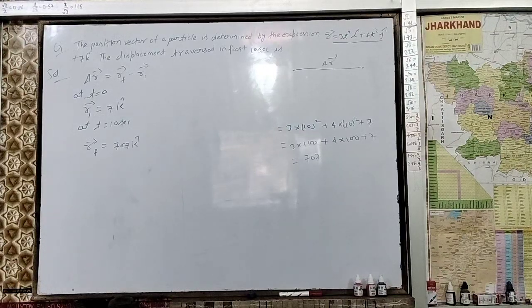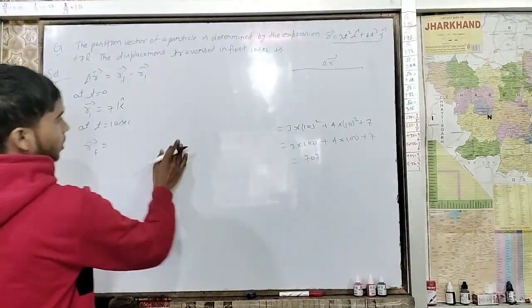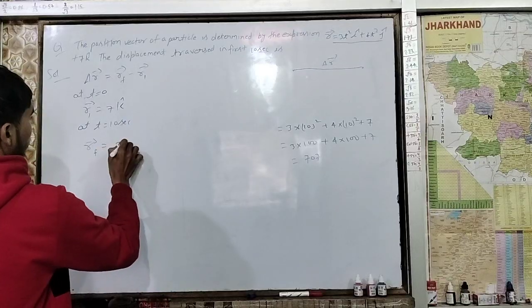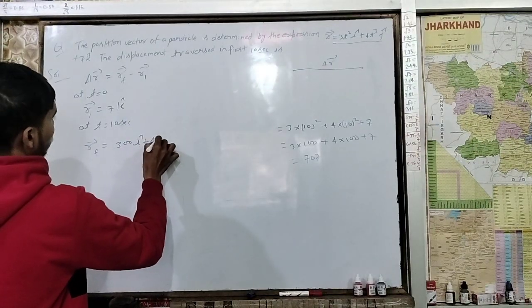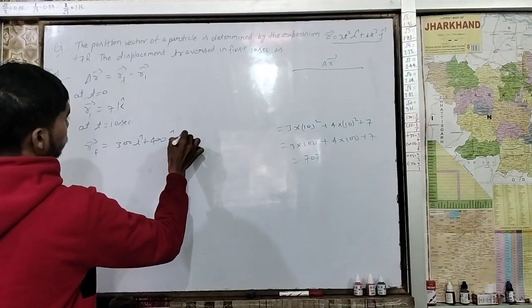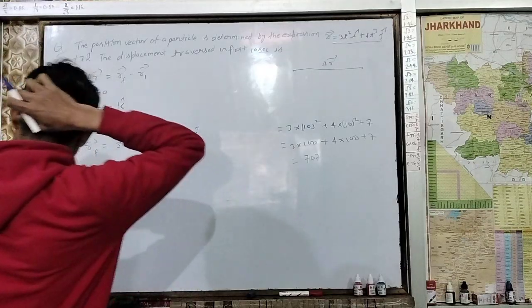But not 707 k cap. We have this 300 i cap plus 400 j cap plus 7 k cap.